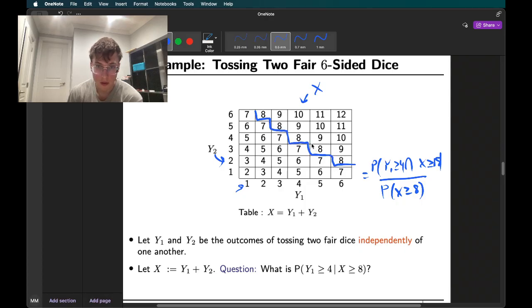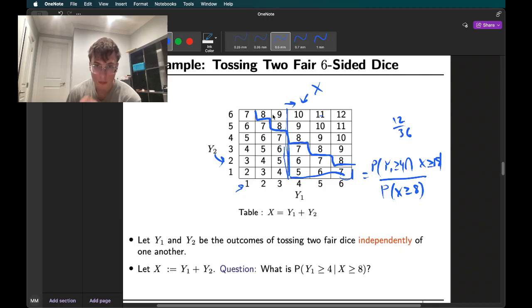And the probability that y1 is greater than or equal to 4 is all the numbers starting here, like this rectangle. The probability that both of these are true, you just count all the squares here. So 1, 2, 3, 4, 5, 6, 7, 8, 9, 10, 11, 12. So 12 over, and there's 36 squares total.